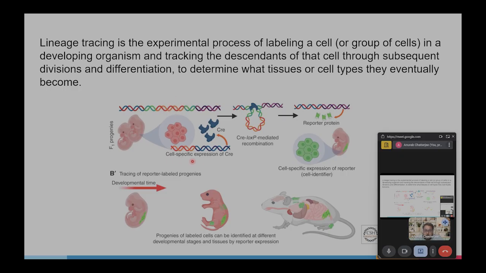So in the cell specific expression, whenever Cre is being expressed in the cells where PRDX1 is being expressed, so the mesenchymal cells that you were tracing, it goes in and cuts up the DNA in between the two loxP sites. So this makes a DNA loop and then goes out. Once the stop cassette is removed, now the ROSA26 enhancer can start expressing our reporter protein, which is GFP.